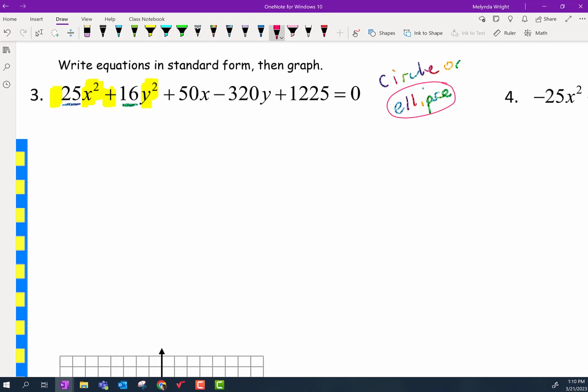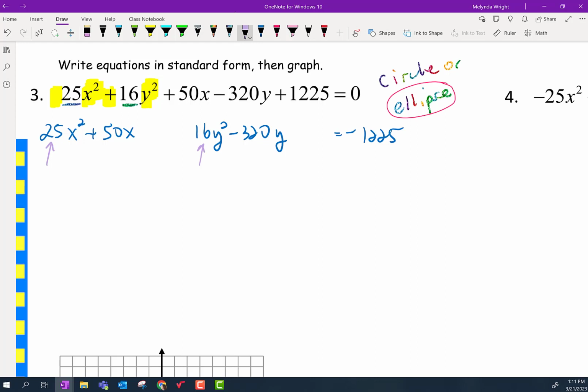All right, so let's work on our process. We put the x's together: 25x squared plus 50x, leave some space, then 16y squared minus 320y, and we move the constant over, and that's a negative 1,225. All right, so we know from our previous experience, these numbers in front of the squared variables are not allowed to be anything except a 1.